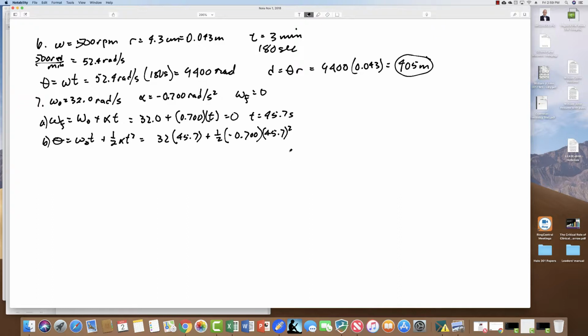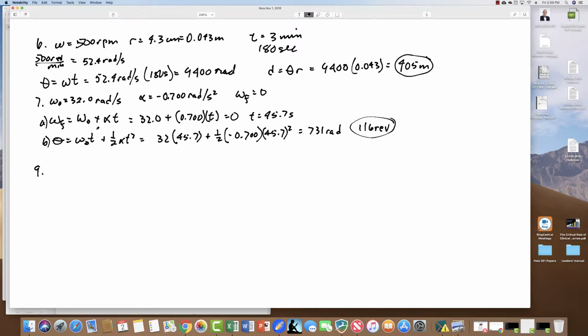If you do the math here, you end up with theta being 731 radians. And if you divide that by 2 pi, you get 116 revolutions. So 116 revolutions.